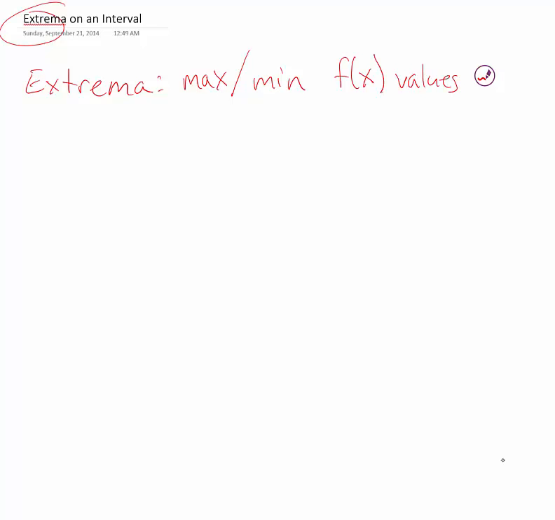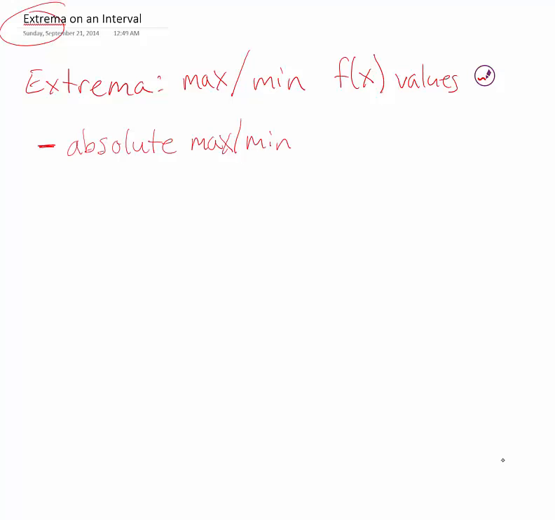So there are two types of extremes. There's an absolute maximum or absolute minimum, and like it sounds, it's the absolute highest point or the absolute lowest point on a graph or an interval.